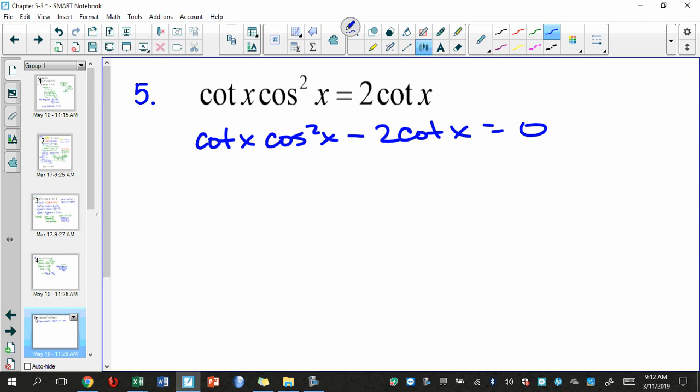I'm sorry? Combine like terms? Do I have any like terms? But the cotangent of x is attached to this cosine squared of x by multiplication. So in order for this to be added to the 2 cotangent of x, it can't have anything else attached to it. So those are not technically like terms, are they?